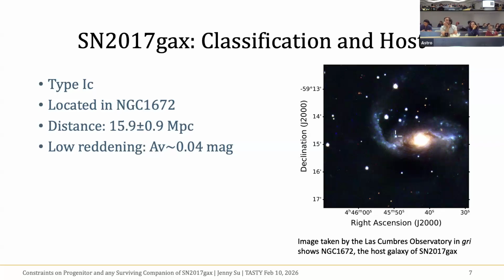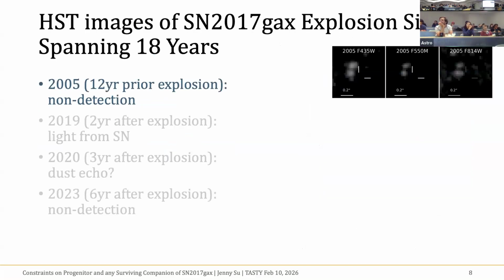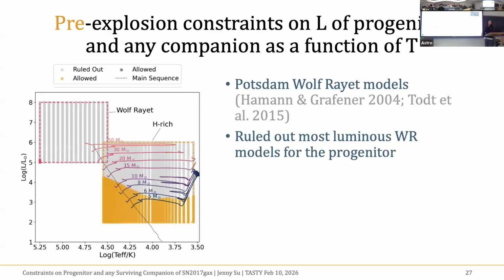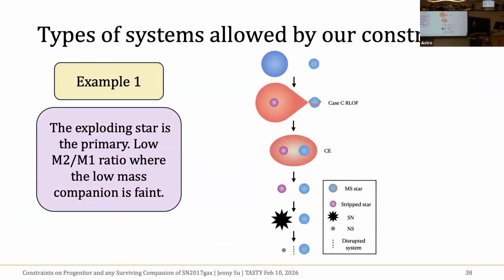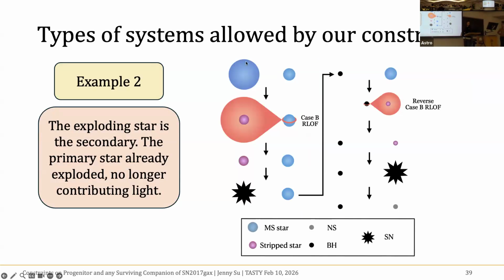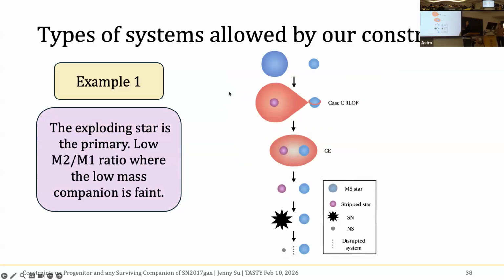I guess the first example is more probable, because there are fewer systems with a higher mass star. Probability-wise, through POSYDON, we found that there are more type 1 systems than type 2 systems. But yeah, it's hard to know which example it is.